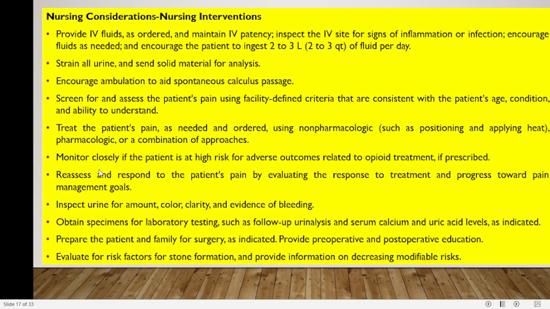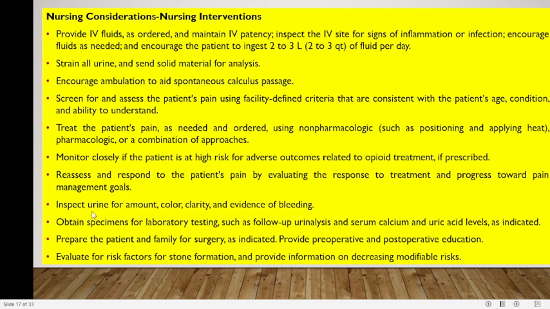We need to monitor closely if the patient is at high risk of adverse outcomes related to opioid treatment, if prescribed.